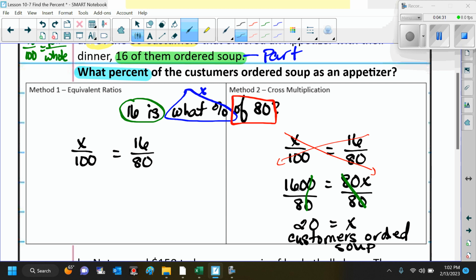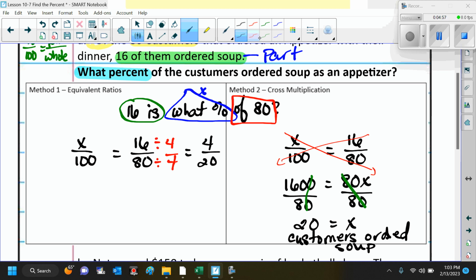Now, if you wanted to use the equivalent ratios, we could always simplify 16/80ths. If I divide by 4 and 4, then I would end up with 4/20ths.